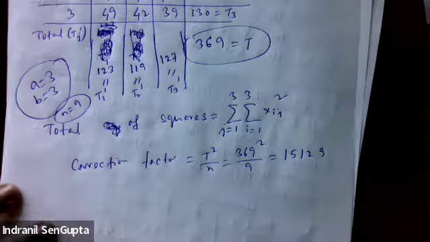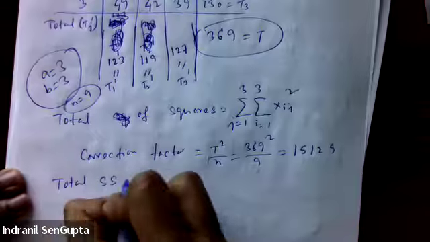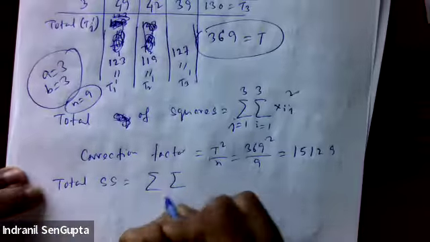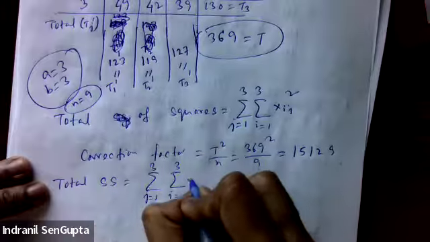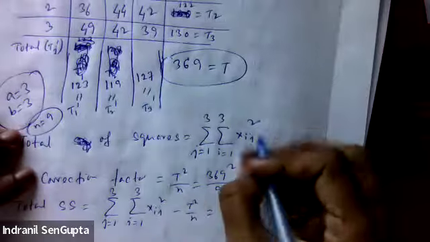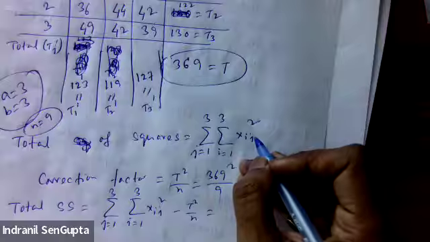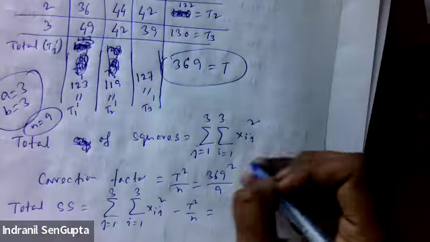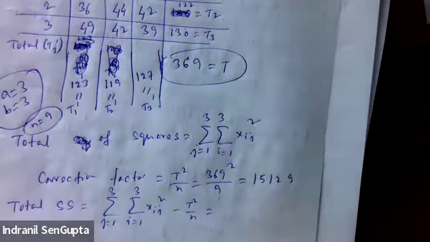All right, so now let's compute the total SS, just like the last problem. Total SS is summation i from 1 to 3, summation j from 1 to 3, Xij squared minus T squared over n. By the way, this sum of squares, did I compute this?